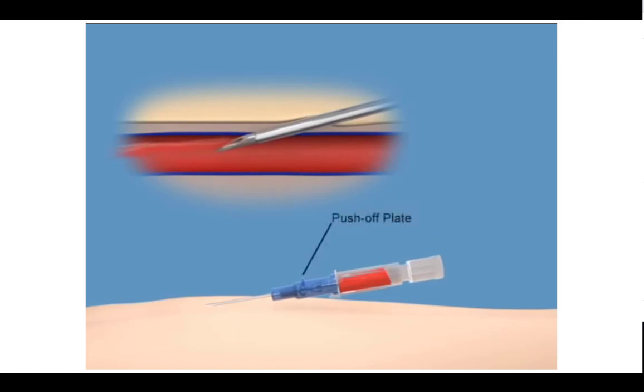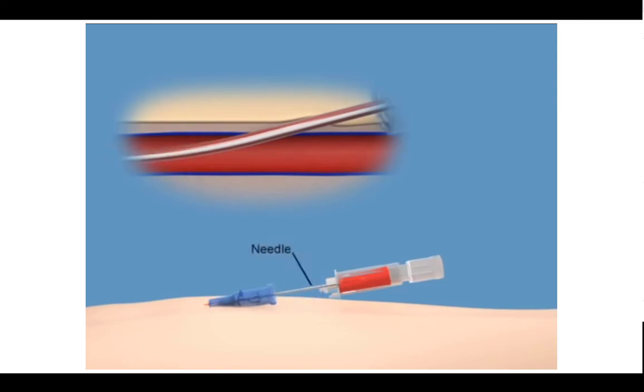Using the push-off plate on the catheter hub, the catheter is advanced forward off the needle into the vein. A second flashback, catheter flash, occurs between the catheter and the needle, confirming that the catheter is successfully in the vein. Once the catheter is advanced completely, the needle is withdrawn in a swift continuous motion.